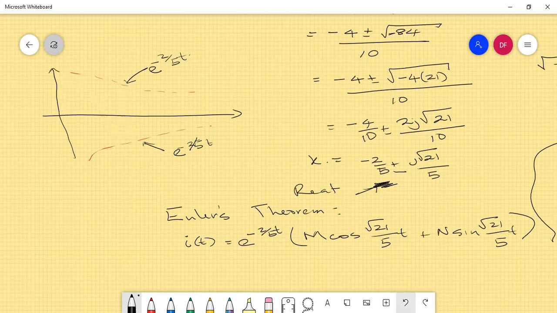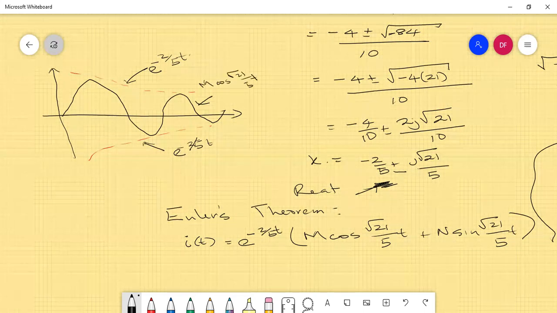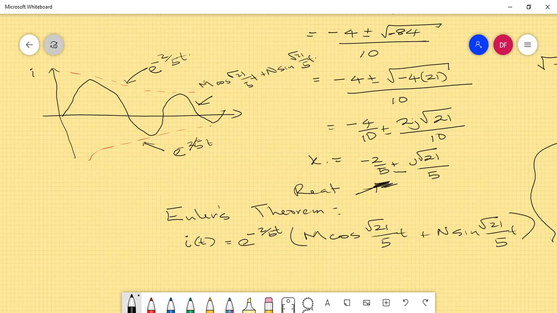Let me try again. Not much improvement. So this is how our current will vary with time.